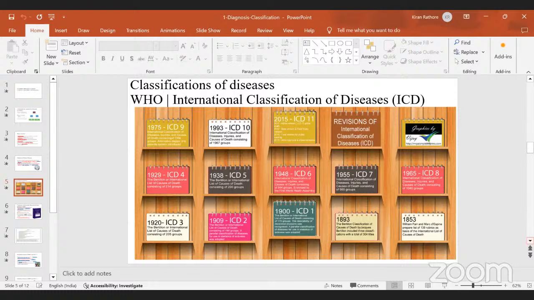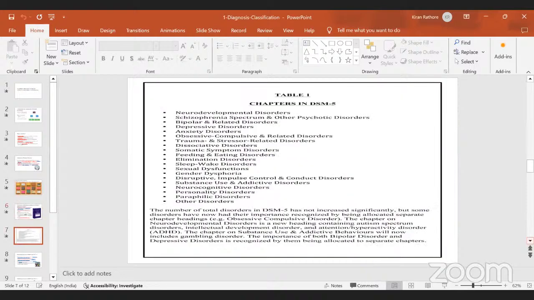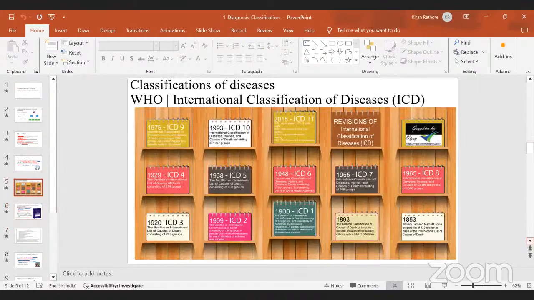As the name itself suggests, ICD is published by WHO. Under this system you are not just classifying mental illnesses or behavioral problems.